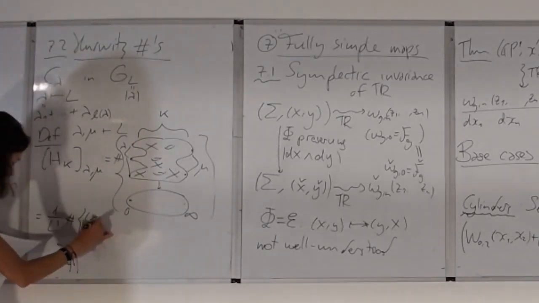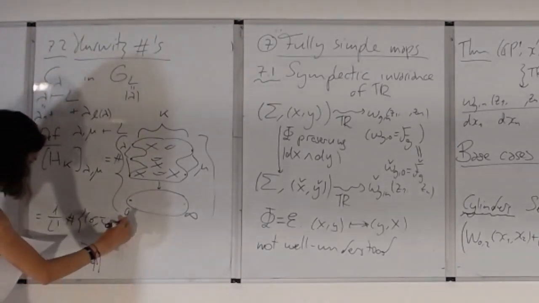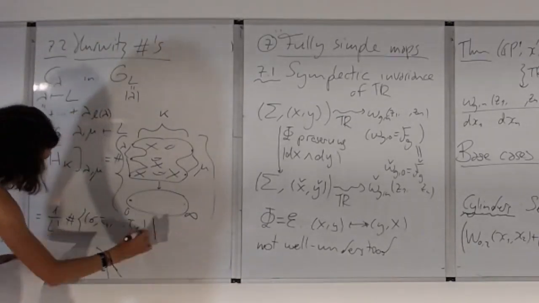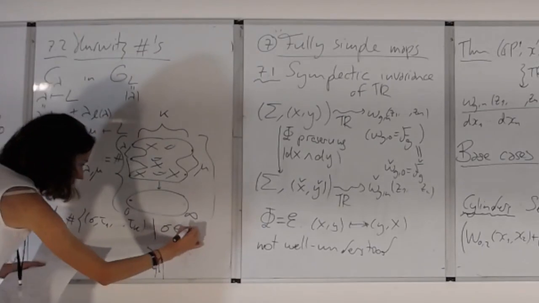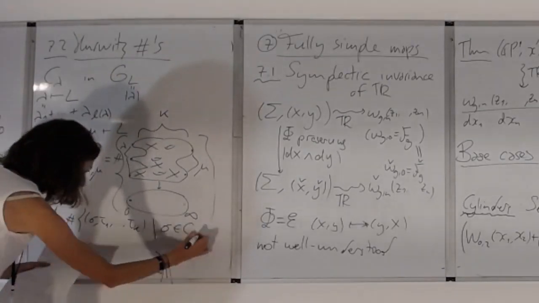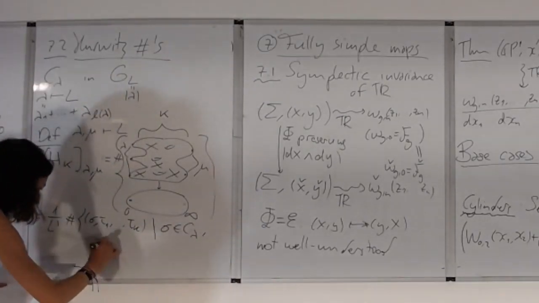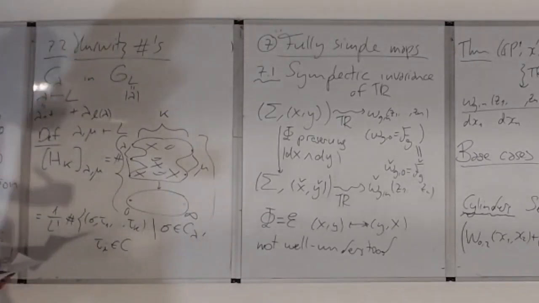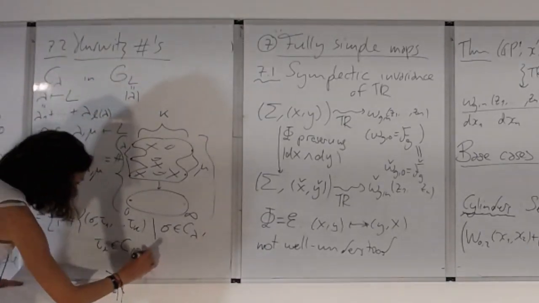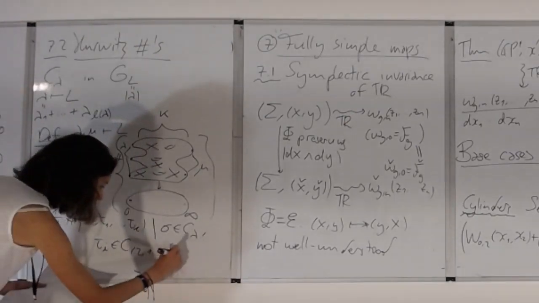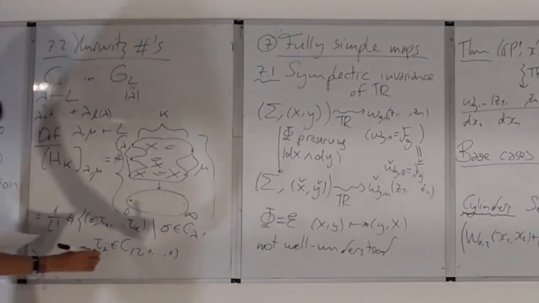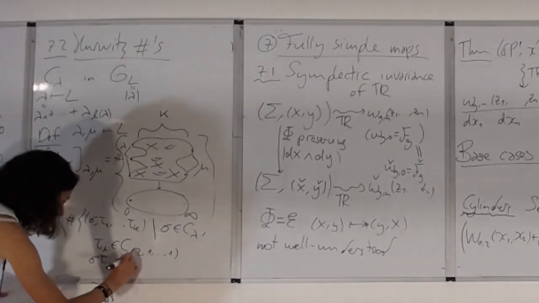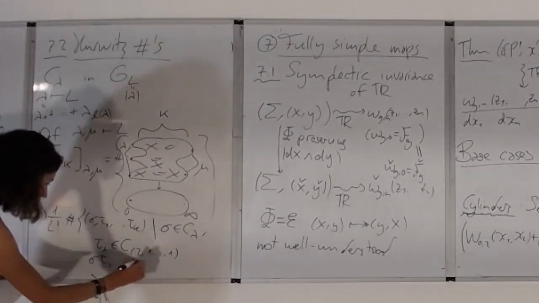So this is just the same as the tuples of permutations. We take sigma to be of cycle type given by lambda. We take the tau i's being just transpositions, so of cycle type 2, 1, 1, 1, 1. And we take that the product of these has to be of cycle type mu.